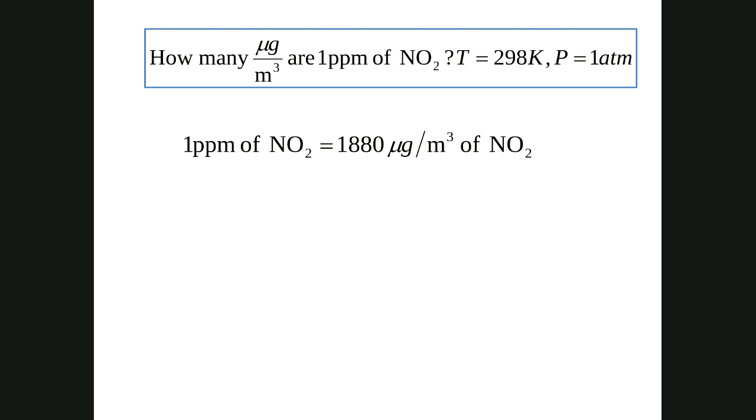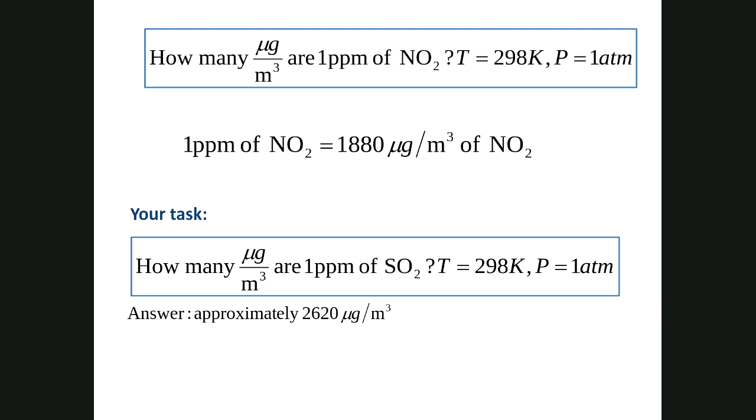I'm going to ask you now to have a go at these calculations by working out how many micrograms per cubic meter are in 1 ppm of sulfur dioxide. And I've given you the same temperature, room temperature, 25 degrees, 298 kelvins, and I've given you atmospheric pressure. And here is the answer.